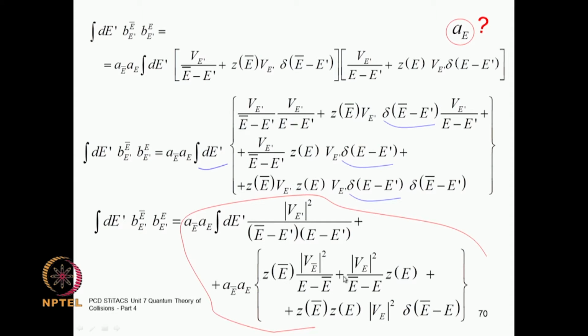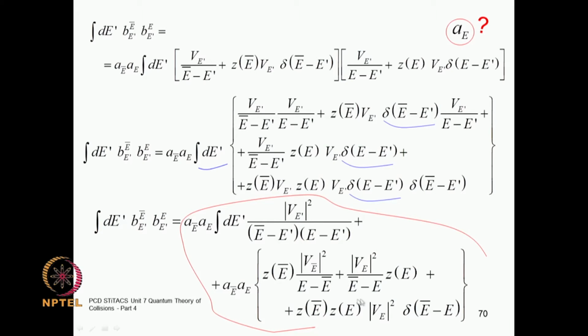So, here is the result of those 4 terms. Here you have got the first one, this integral over E prime, which is quadratic in V. And from the remaining 3 terms you carry out the Dirac delta integration and you are left with only those terms corresponding to which E prime is equal to E bar in this term, over here E prime must be equal to E, and over here E prime must be equal to E bar.